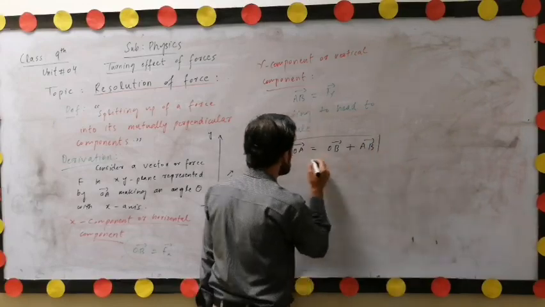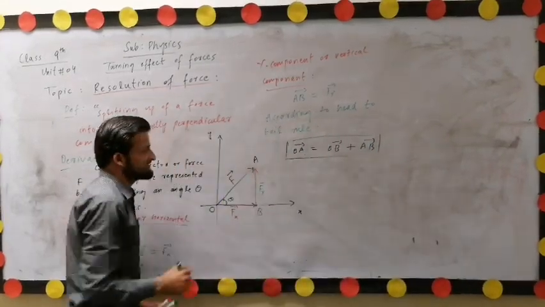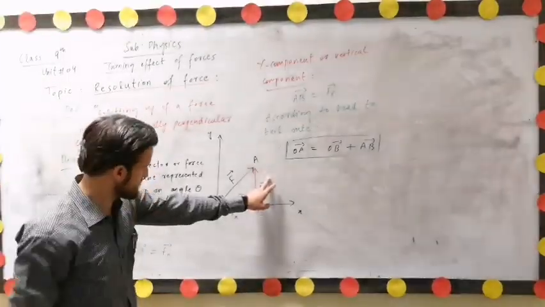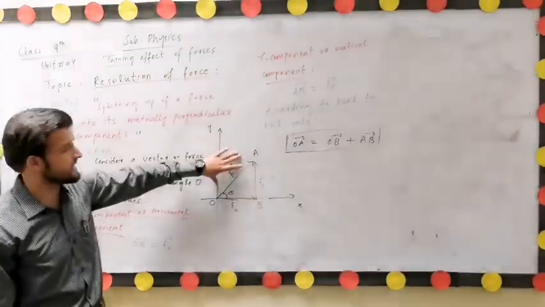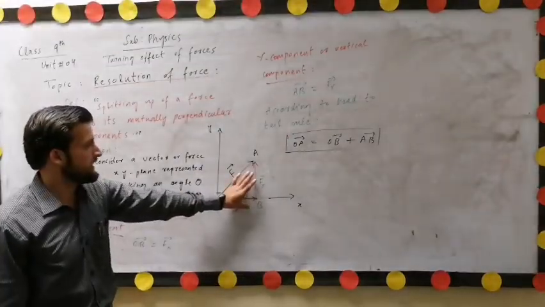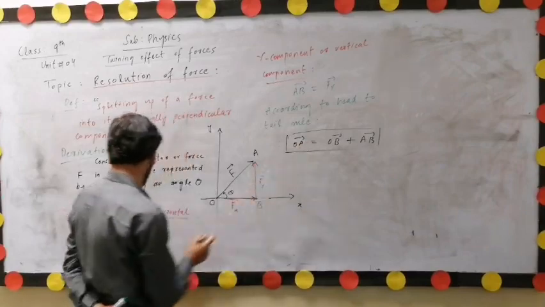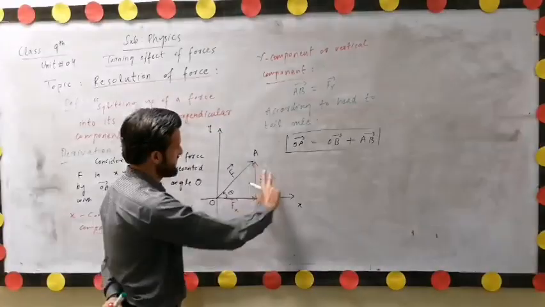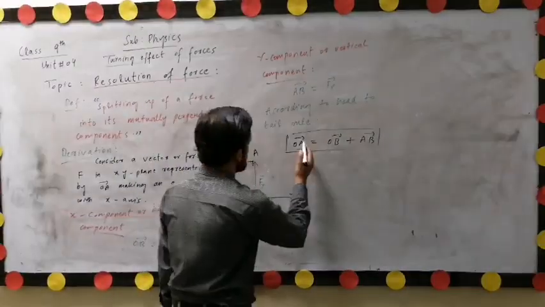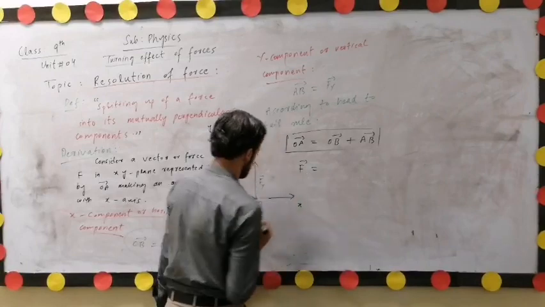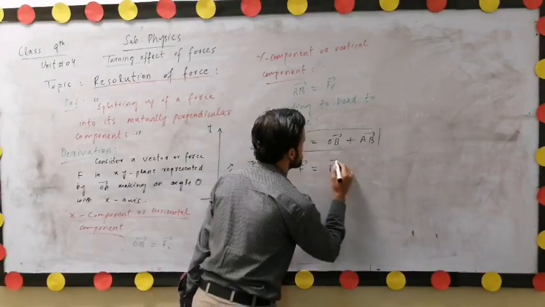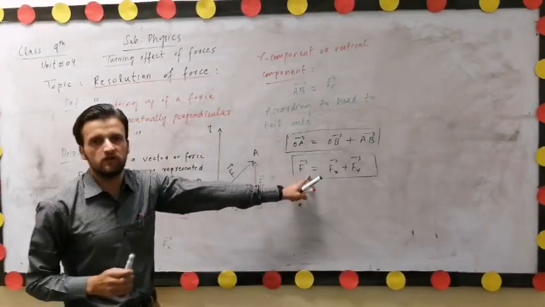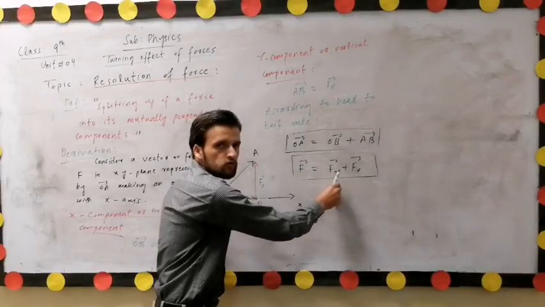Here OA is our force, OB is the x component of the force, and AB is the y component of the force. So F equals Fx plus Fy. This is the resolution of the force, splitting up of a force into its two components, Fx and Fy.